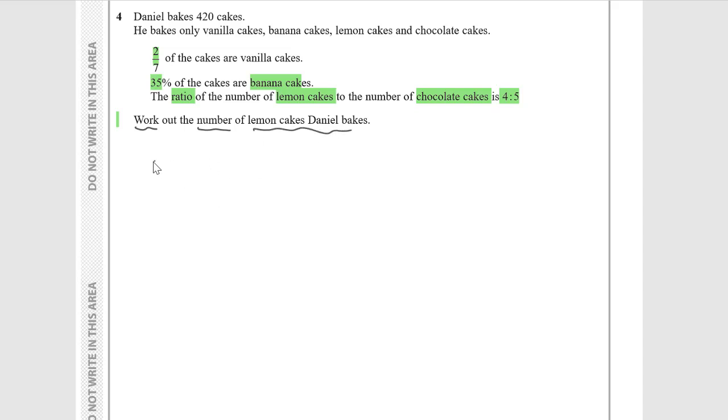So it says 2 over 7 is vanilla cakes times 420. So we know we have 120 vanilla. Then we can work out 35% of the cakes are banana cakes.